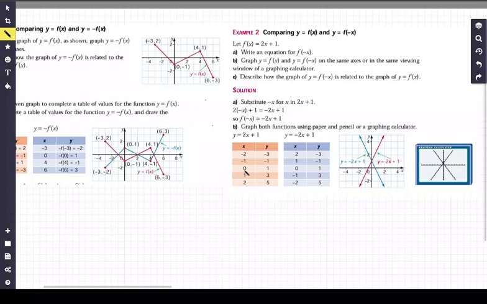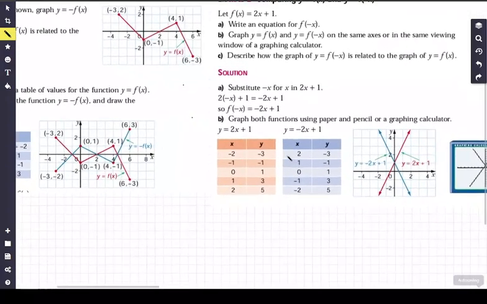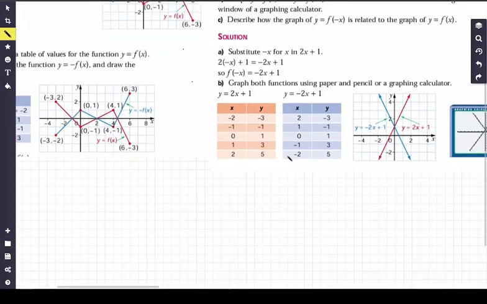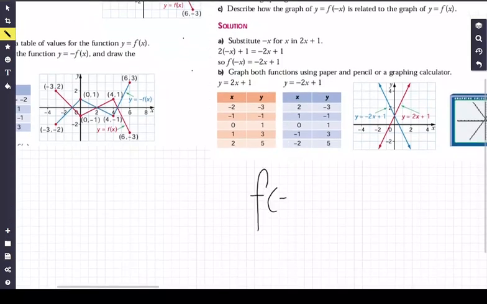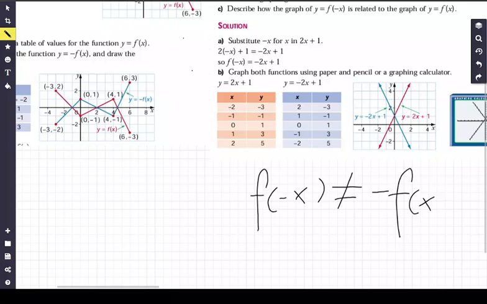We have a function of 2x plus 1, which is graphed right here. We want to write an equation for f of negative x. But notice that this time our negative is inside. Keep in mind, this does not equal this. These are drastically different, and you will see why.